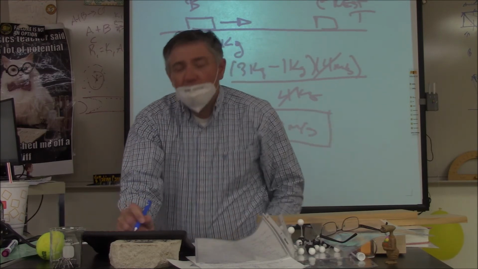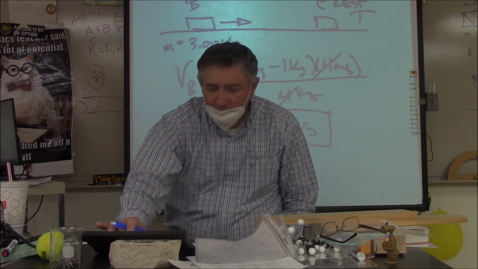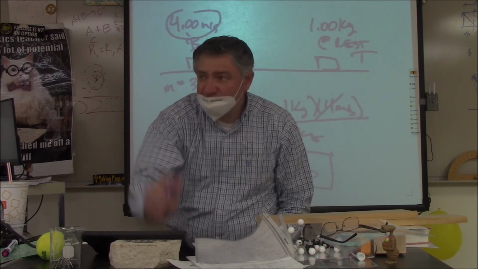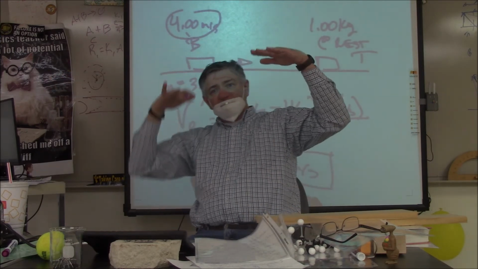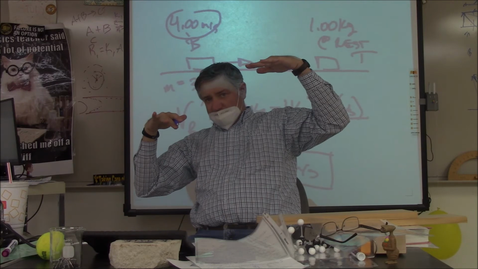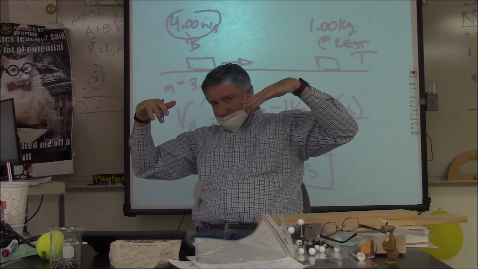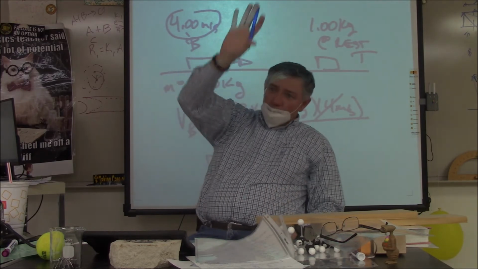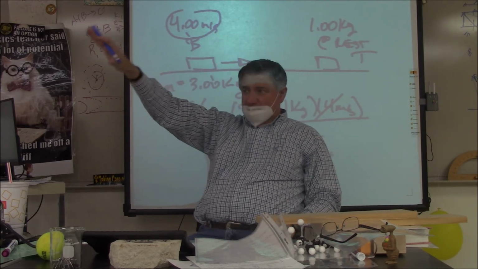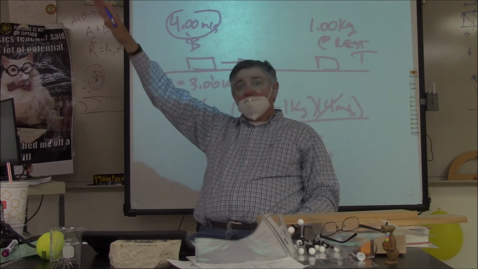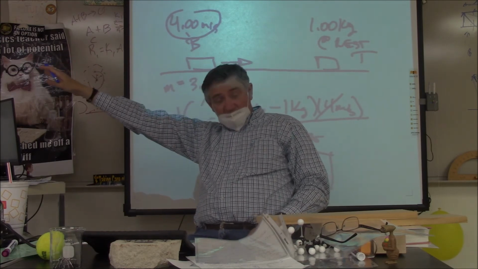So the bullet was coming in at 4 meters per second, and it's going to slow down to 2 meters per second. So it's lost some momentum and some energy. Where is that momentum and energy going to go? It's going to go to the target, the other one that was at rest.